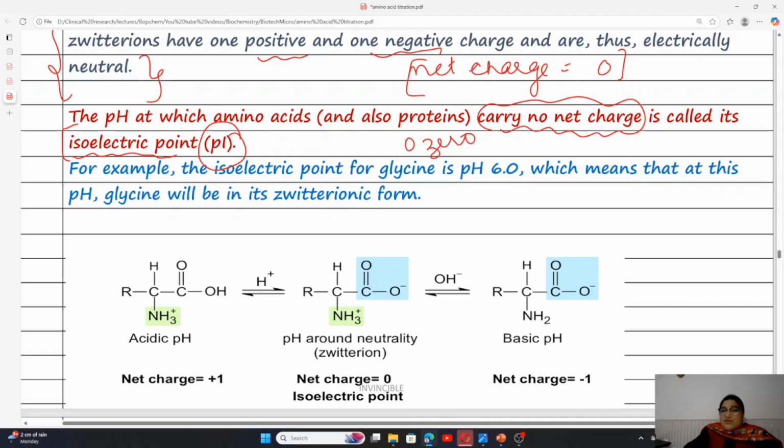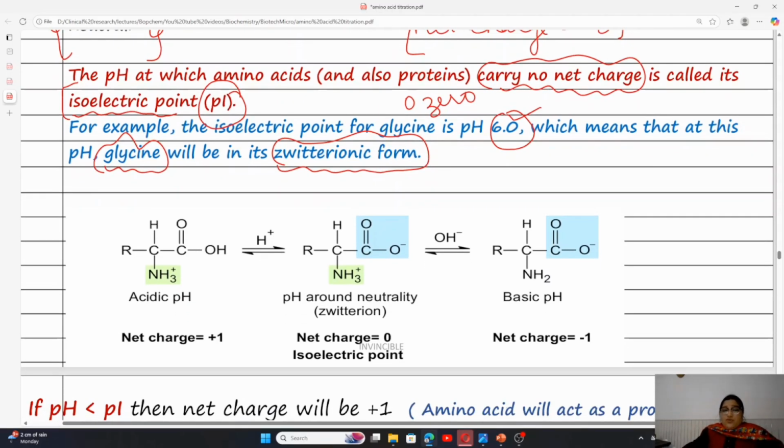For example, the isoelectric point for glycine is pH 6.0, which clearly indicates that this glycine amino acid will be in its zwitterionic form at pH 6.0. So here you can see when the amino acid contains a positive as well as a negative charge, it is in its zwitterion form.